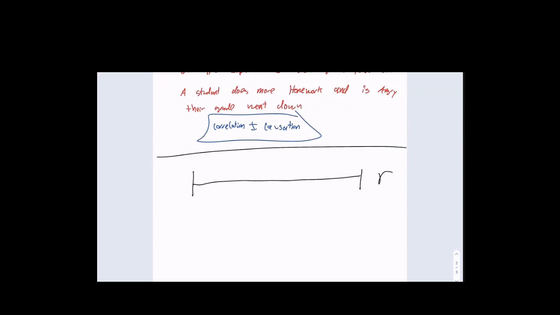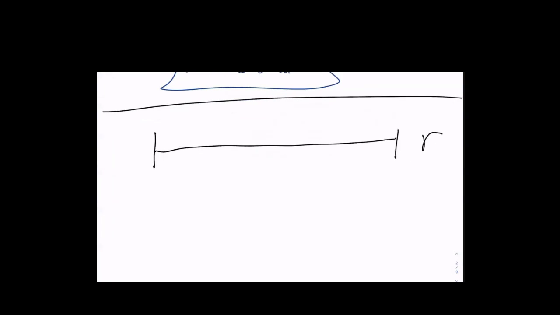What is the left side of this number line? What am I going to label it? I just told you about R, the correlation coefficient. -1.